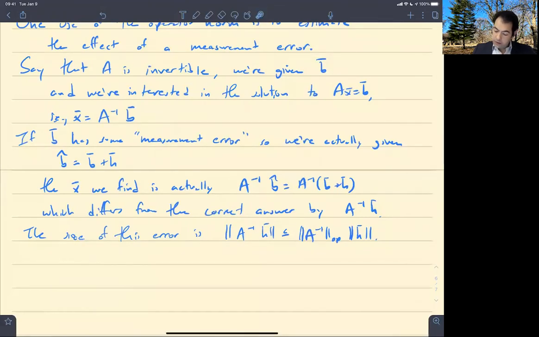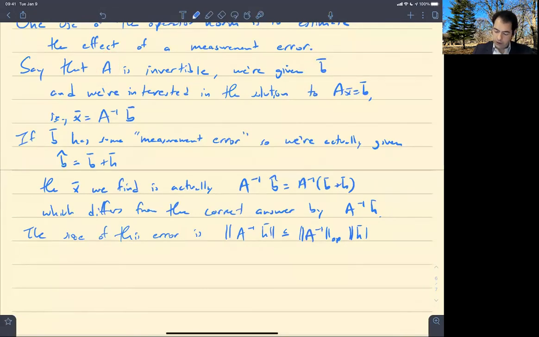Now, since the operator norm is defined as a maximum, there is some direction in which this would actually be an equality. So this is telling us the worst case scenario: how much does this error in B affect the error in X? It can happen that you have a matrix A that is invertible, but maybe it's close to being singular. It's close to not having an inverse.